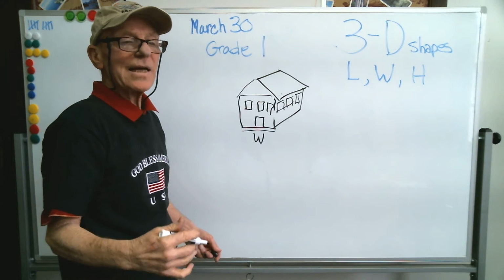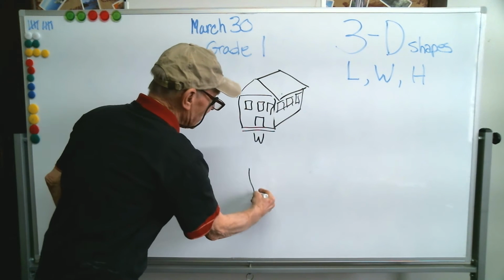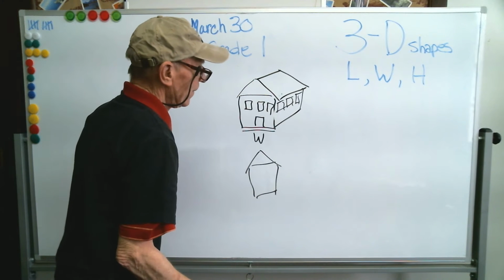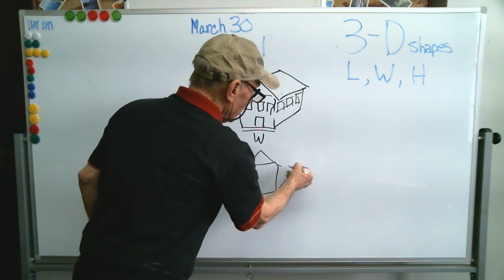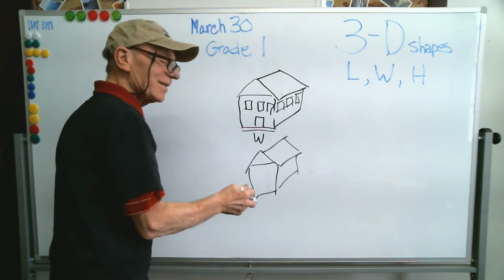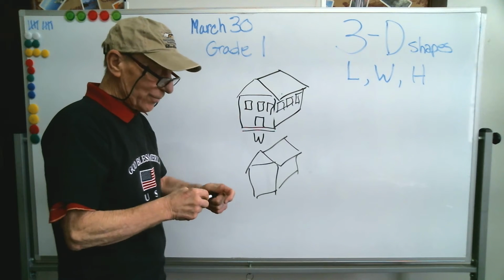Now suddenly it's got depth. It isn't just a flat picture. We can see the side of it. That's the difference between two-dimensional and three-dimensional.